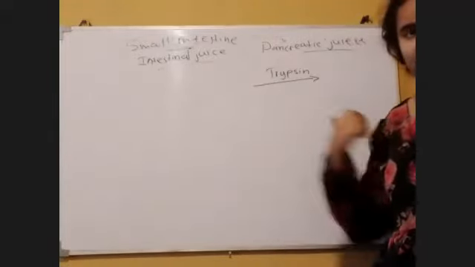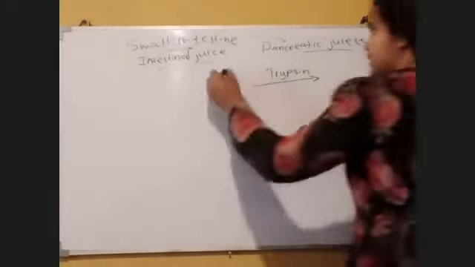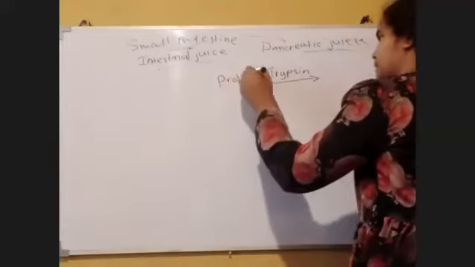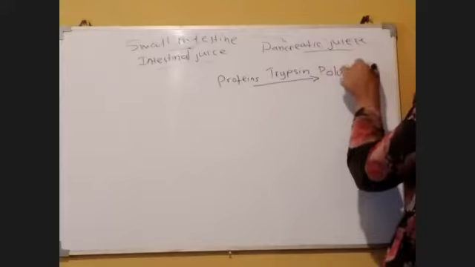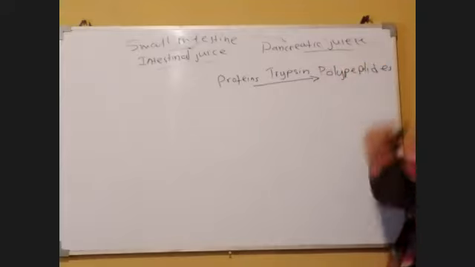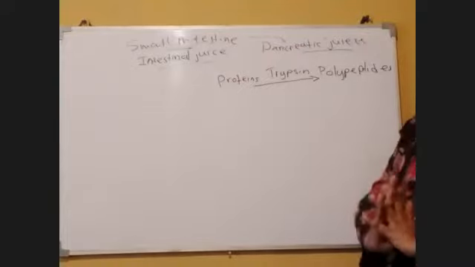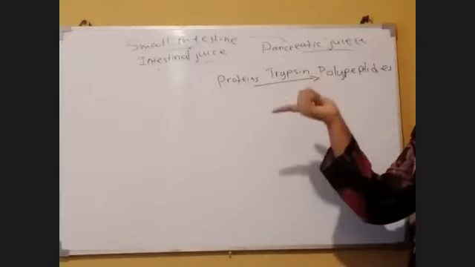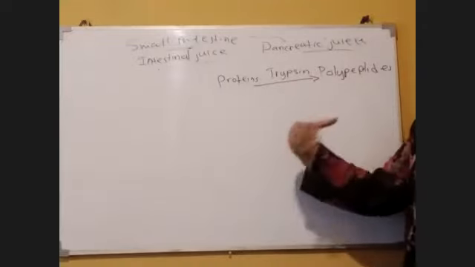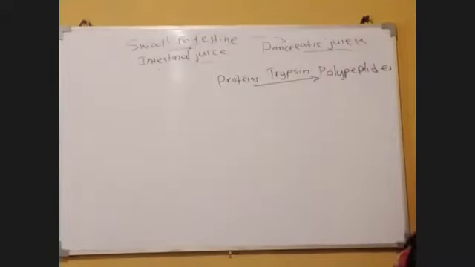So some of them are not digested, so these proteins are digested into polypeptides within the small intestine also. In the small intestine, these remaining proteins are digested by trypsin. In the stomach, it was done by pepsin. In the small intestine, it is done by trypsin. And this protein is converted into polypeptides by trypsin. Okay.